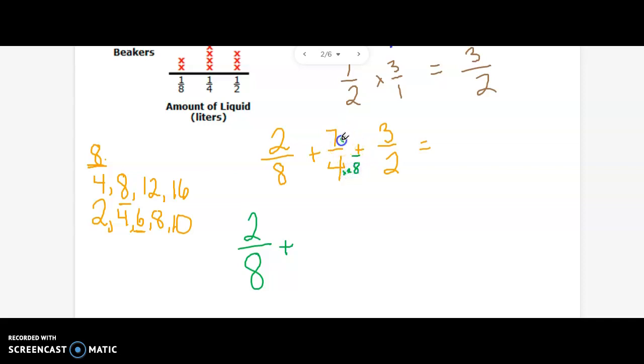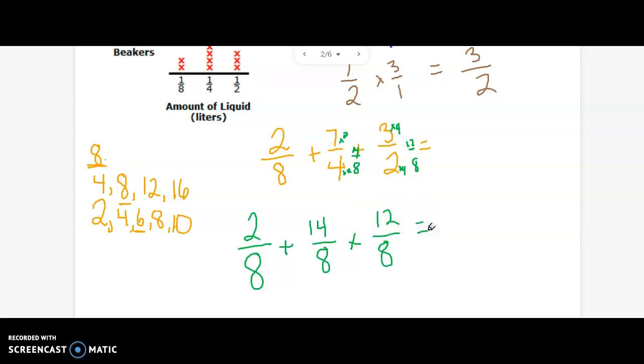And whatever I do on the bottom, I have to do on the top. So that gives me 14, plus 14 over 8. And then my final one, to get from 2 to 8 as a denominator, I'm going to multiply 2 times 4. And whatever I do on the bottom, I have to do on the top. So 3 times 4 is 12. Okay, so this is 12 over 8.